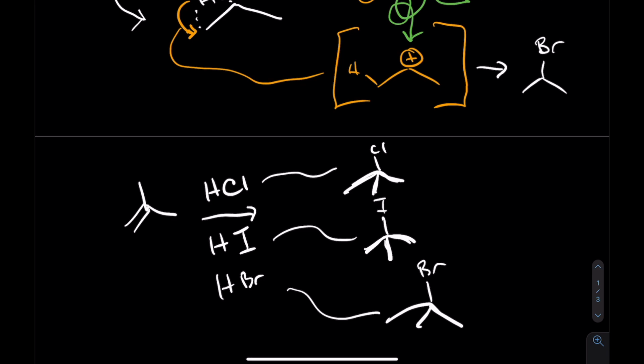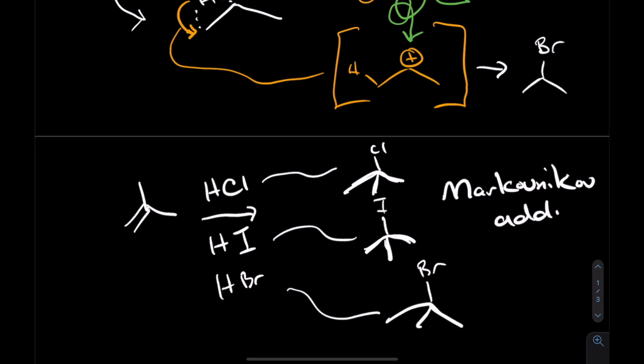And this observation, that the addition reaction occurs on the carbon that is more substituted, is called a Markovnikov addition. And it is pretty much the rule for additions that follow the acid halogenation route.